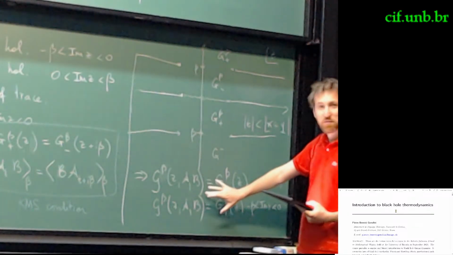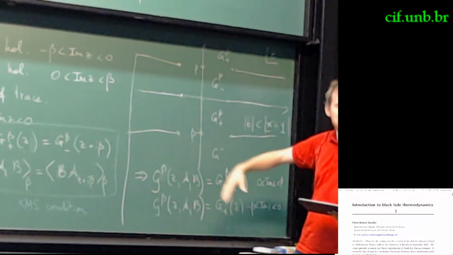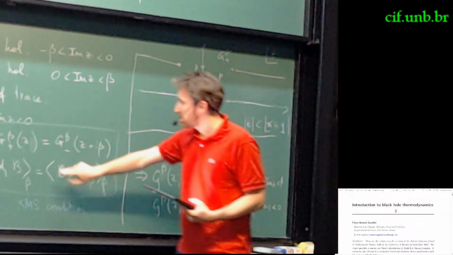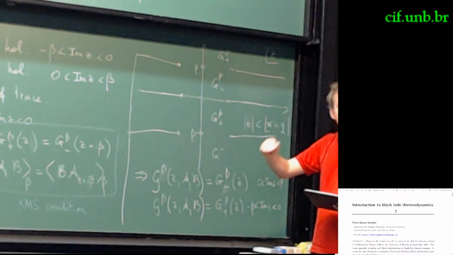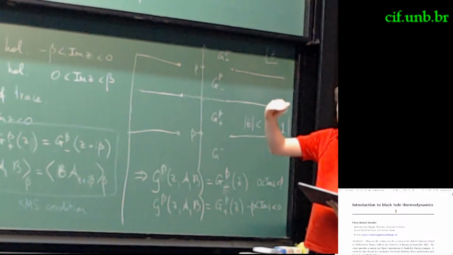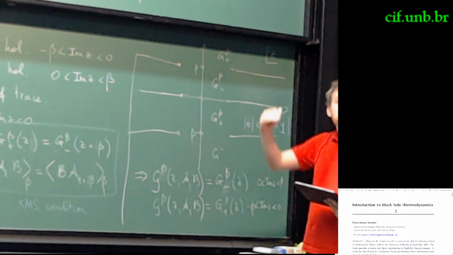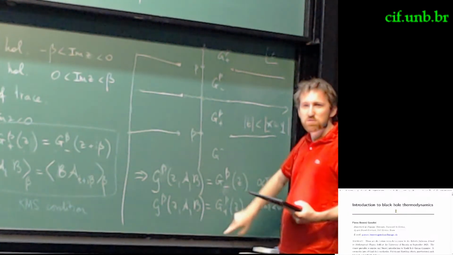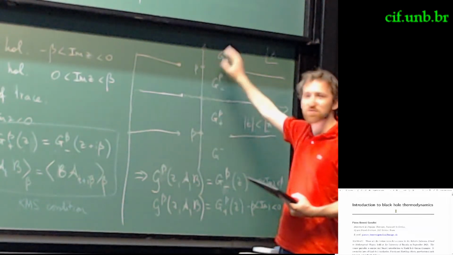So this is defined in this way. They agree on this point, so it's an analytic function that is well defined everywhere. And it's also periodic thanks to the KMS condition. So every time imaginary of Z goes to imaginary of Z plus beta, or plus any multiple of beta, then I simply switch from G minus to G plus, and so on. Okay? In the way that I constructed here.